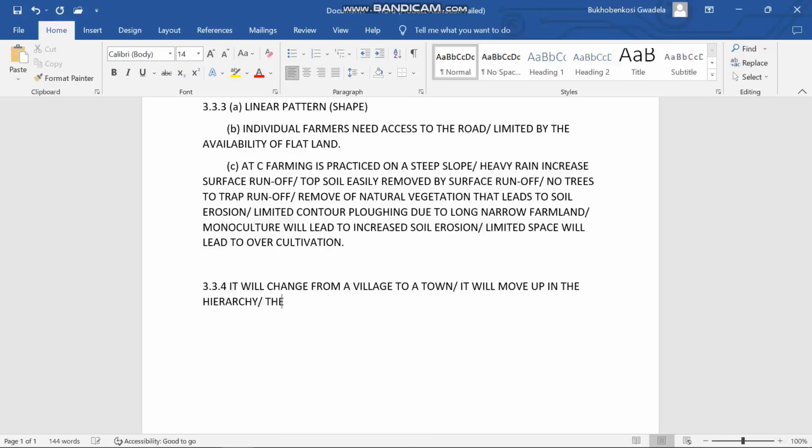Because of the upgraded road, as you can see, that road is going straight to the city, so the village will be more accessible to the city, and could result in counter urbanization.